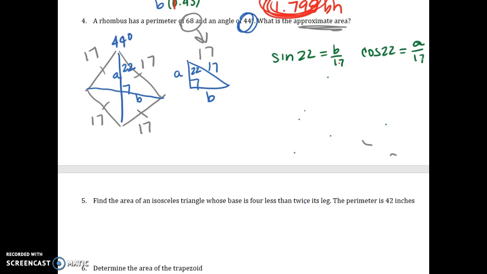And after we punch that into our calculator, we end up with 17 times the cosine of 22, which is 15.76. And then 17 times the sine of 22, which is 6.37.